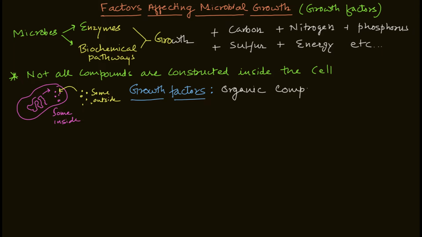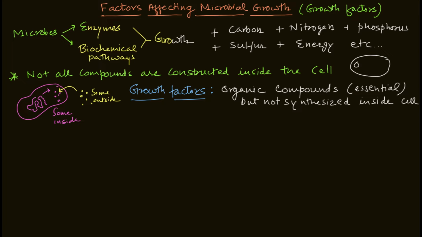These are organic compounds and they are essential for the growth of the microbe, but they are not synthesized inside the cell. You can characterize these microbial growth factors in basically three main classes. They are present in the environment, and microbes require these constituents. So three major classes.